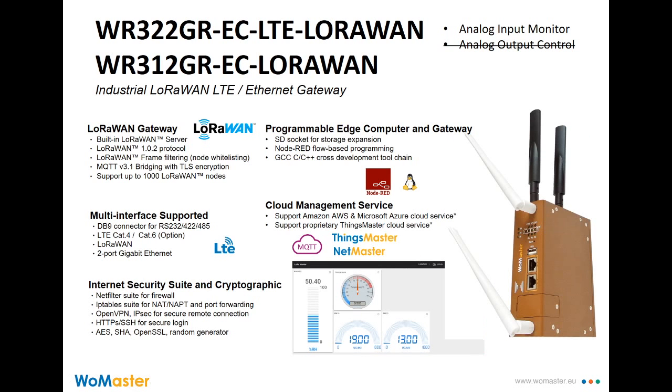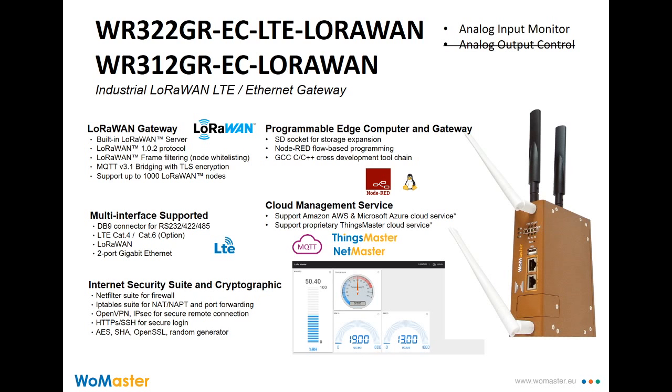As for the LoRaWAN gateway, there are 2 models, WR322GR-EC-LTE LoRaWAN and WR312GR-EC-LoRaWAN. The WR312 supports LoRaWAN connectivity in the wireless interface only. The WR322 supports not only LoRaWAN but also an LTE interface.